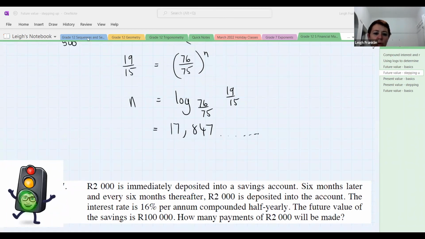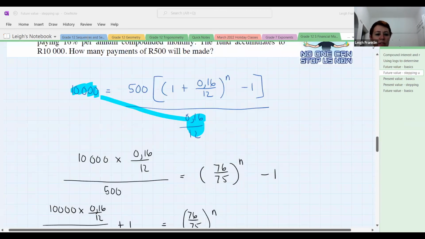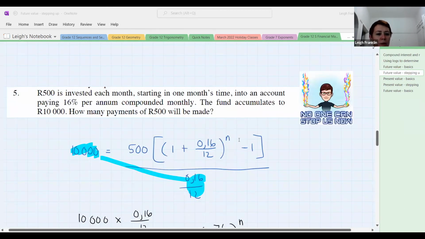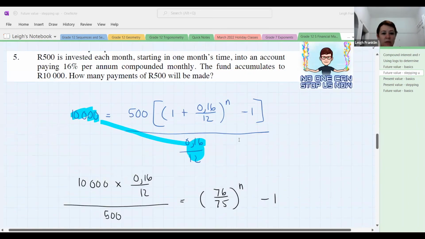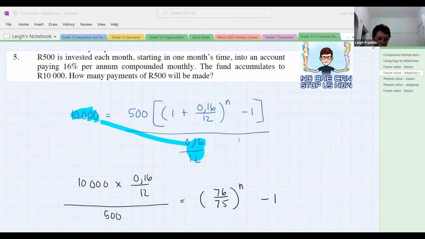If we make 17 payments, Kashandra, are we going to have enough money? Are we going to have 10,000 Rand? Can we check that? And if so, how would we check that?